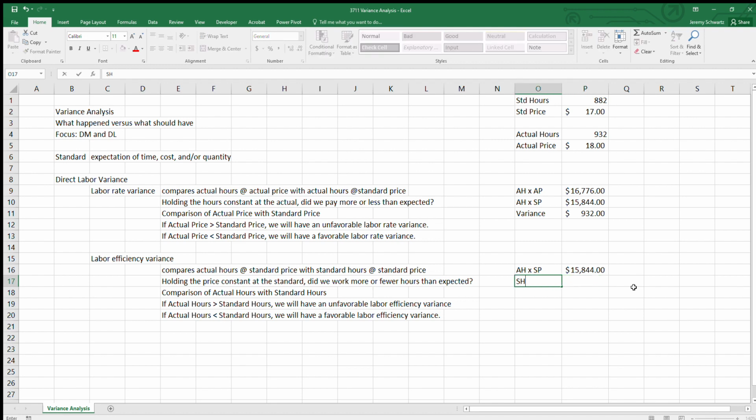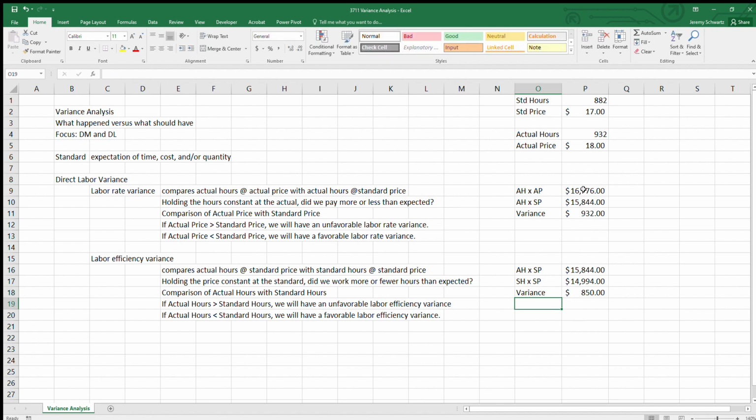Then we compare that with the standard hours at the standard price, which is from our original data, the 882 multiplied by the $17. Following this same formula, just take one, subtract the next one, we see that we have an $850 variance.